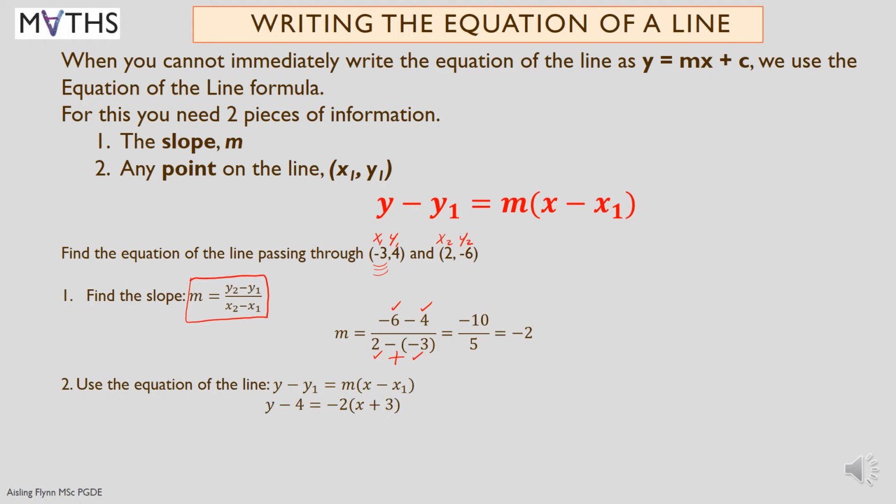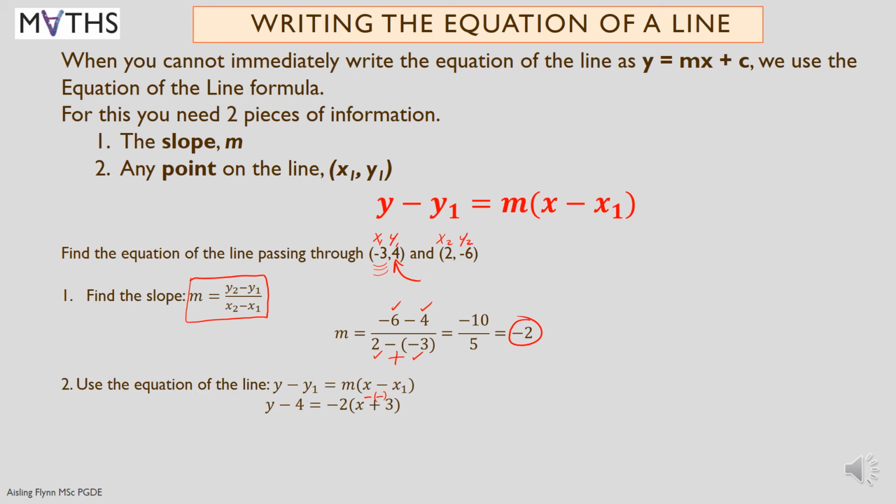So y stays, y minus y1, and y1 is 4 from up above here. So y minus 4 equals, now our slope we found was -2, so that goes in instead of m, times x minus -3, which becomes a plus.